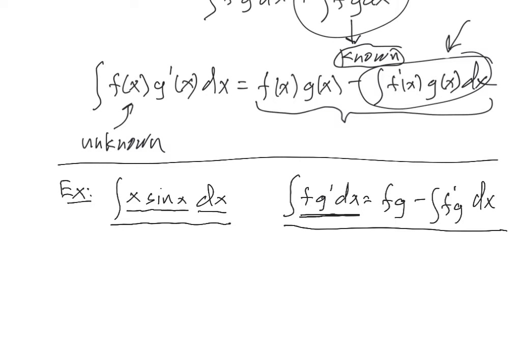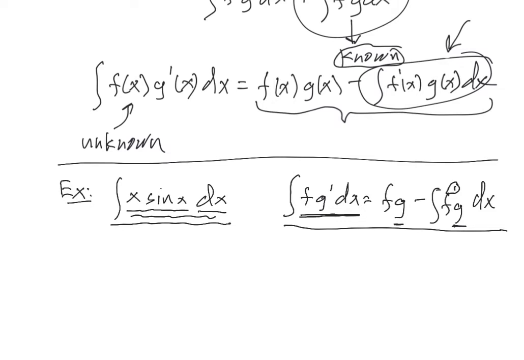To make it work, whatever we assign to f, we have to be able to get its derivative, because on the right-hand side, in the integral we're hoping to know, we need f prime. The portion we assign to g prime, with the differential, shows up on the right-hand side only as g without the prime. So to go from g prime to g, we need to integrate. So we need a function whose antiderivative we know.